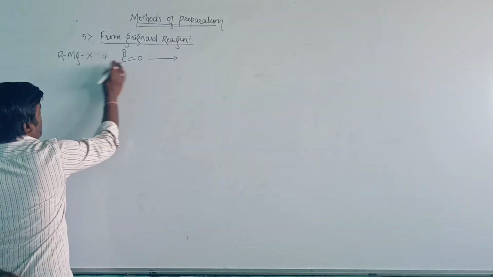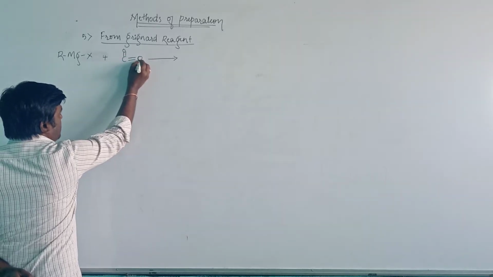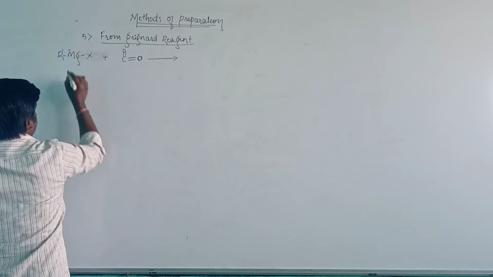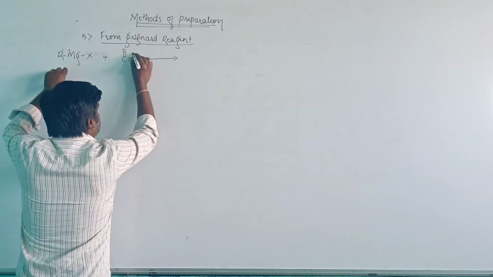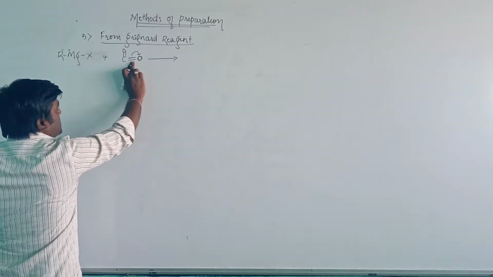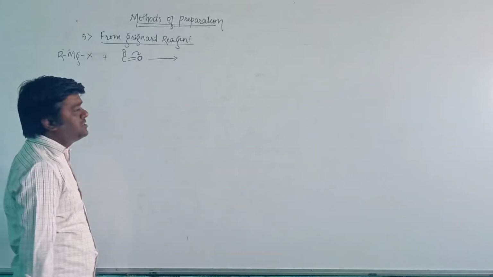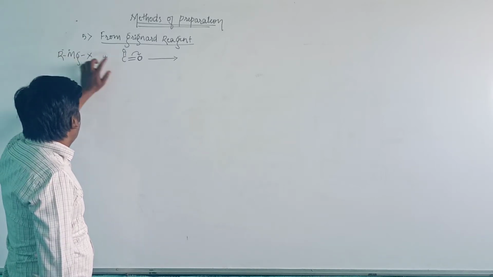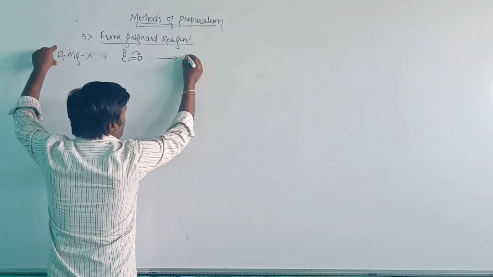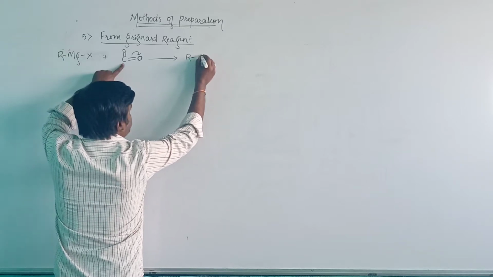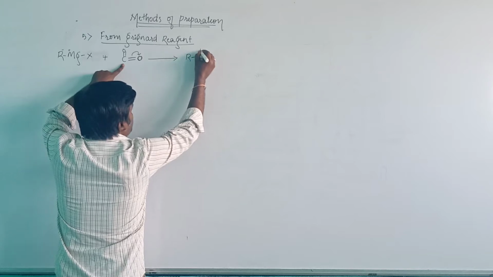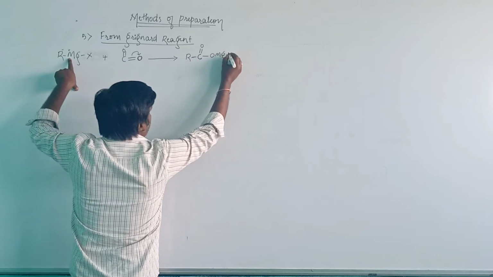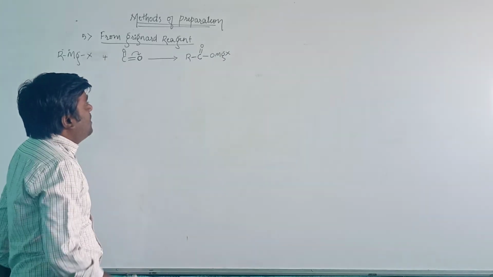Due to the dislocation of electrons, the oxygen will get the partial negative charge, and this negative part will attach to the positive part here. So the addition product is R, C double bond O, single bond O, MgX.